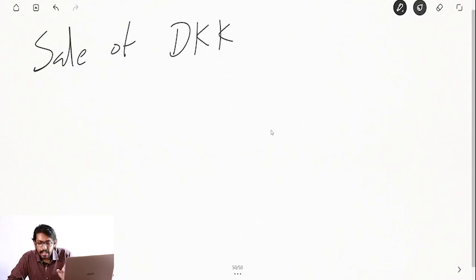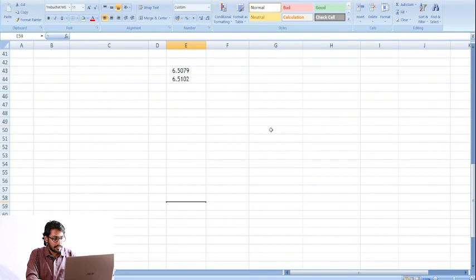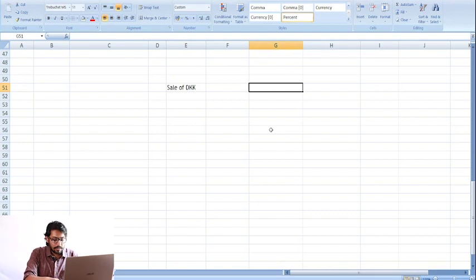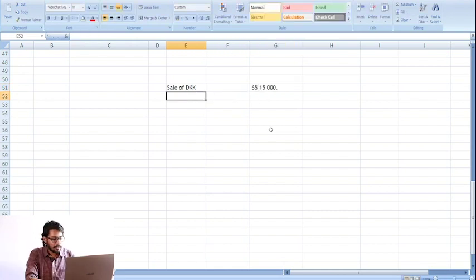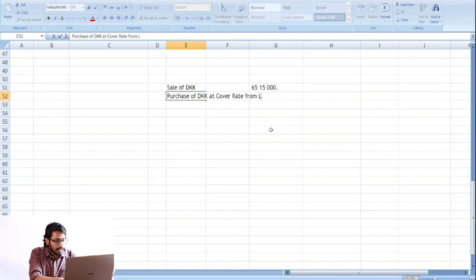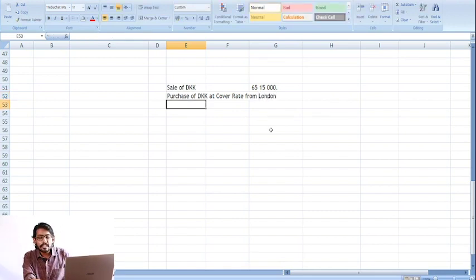You sold 10 lakh at the rate of 6.5150. You got 65 lakh 15,000. Purchase of DKK at the cover rate. From where will you buy? From London, because that is cheaper.